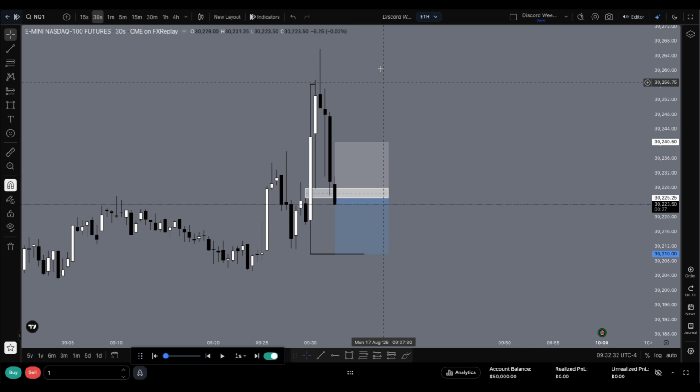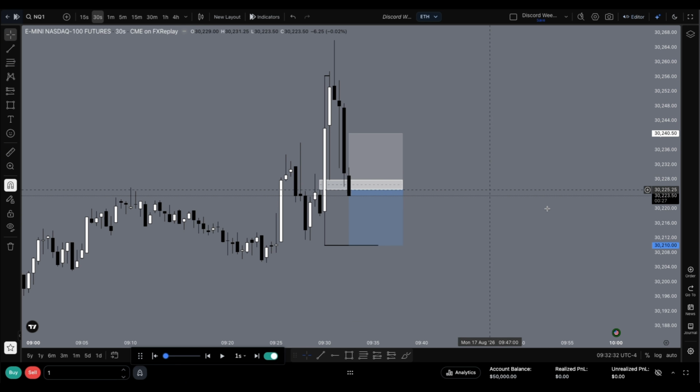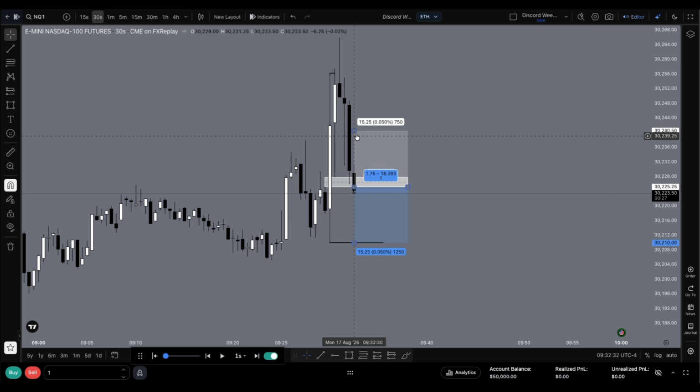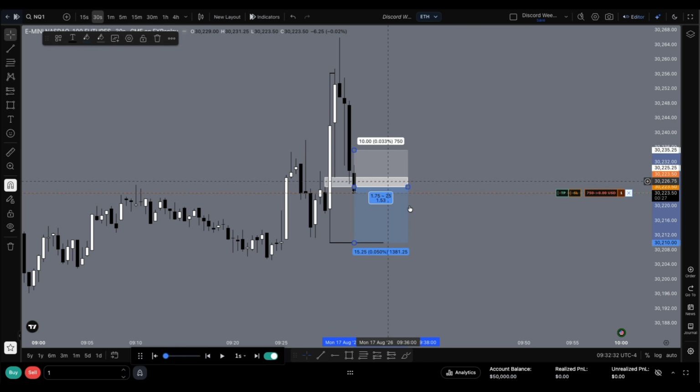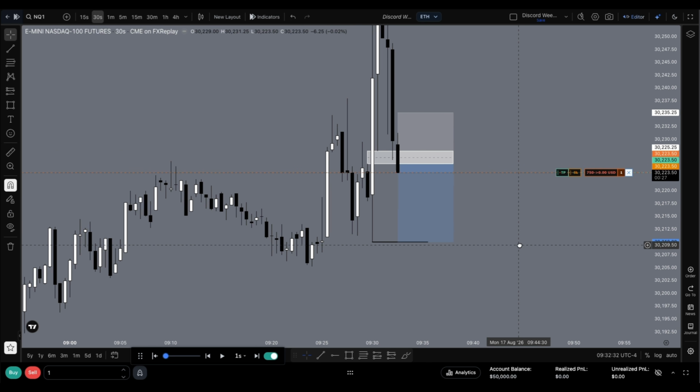As you can see, we just dumped 40 points, and I'm not gonna wait another 27 seconds, because I think by the time those 20 seconds are up, we'd have already taken out the draw on liquidity. So I entered there. My stop loss is always, so we have the body here, and it's always at a 5-point increment of the body outside the gap. So this time it would be a 10-point stop loss.